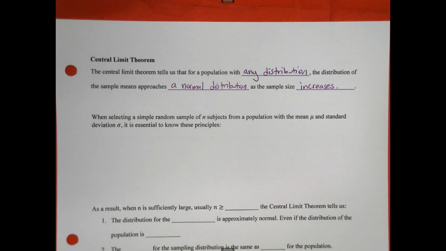When selecting a simple random sample of n subjects from a population with a mean of mu and a standard deviation of sigma, it is essential to know these principles.